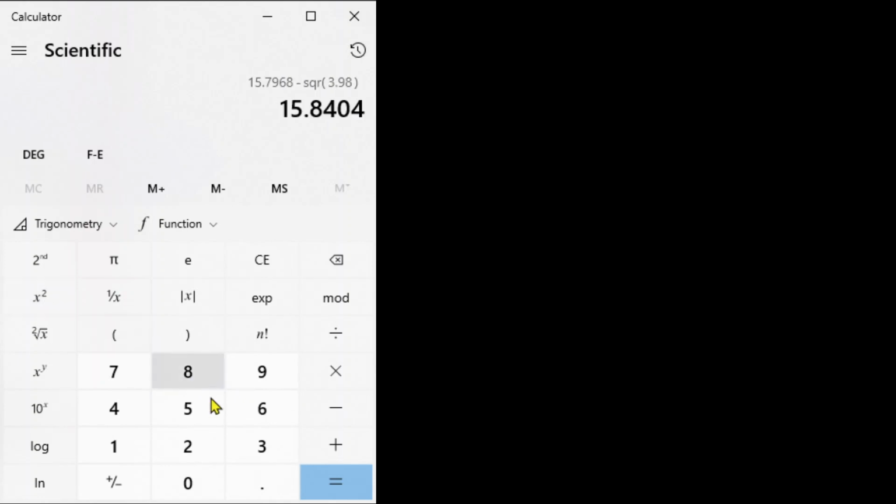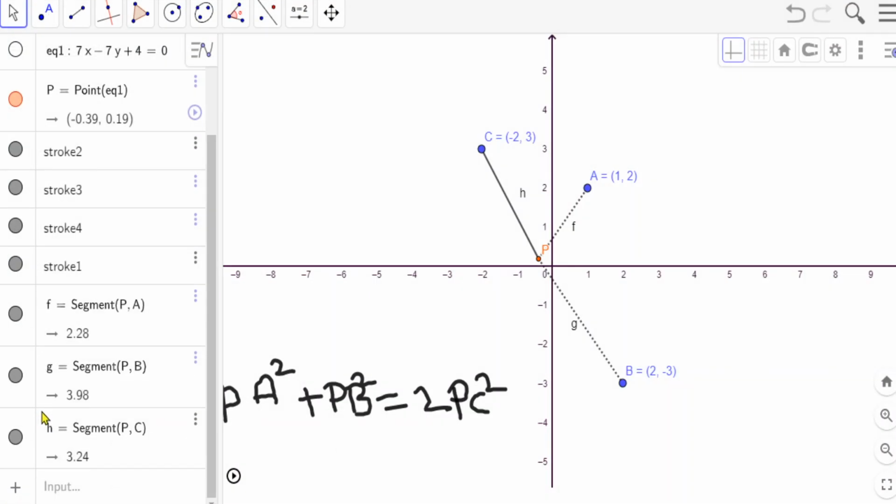Equal to, you see friends, actually you have to get 0, but there is a small difference, because the coordinates are approximate. That error is about 0.436 here. So this satisfies the condition: PA square plus PB square is equal to 2 PC square is satisfied. Okay, remember that.